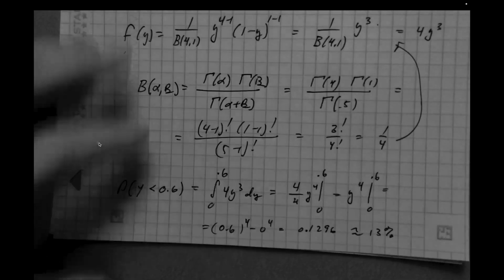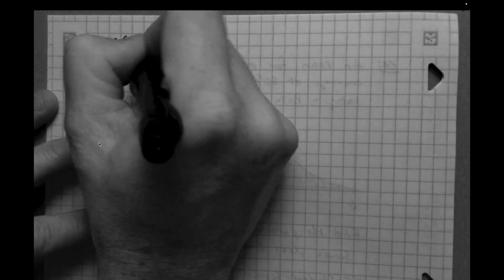Very good. What if I want to know instead the probability that y is greater than 0.9? What's the probability that a randomly chosen student did better than 90%?